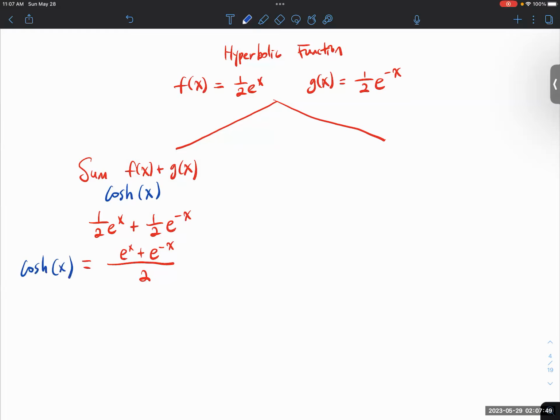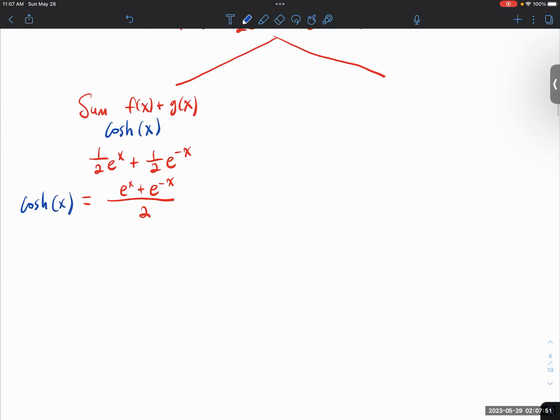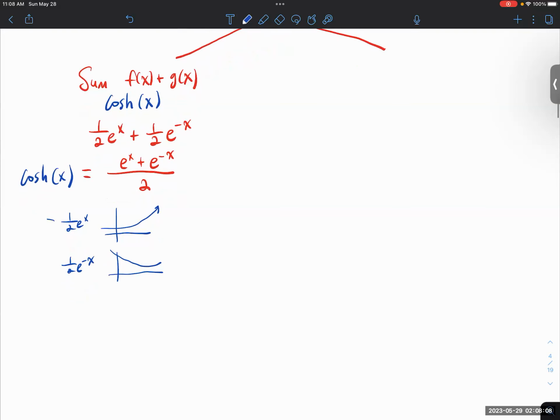Specifically, 1 over 2 e to the x is an increasing function, and 1 over 2 e to the negative x is a decreasing function because of the negative exponent. You are actually adding them. So the cosh function, if you graph it, is going to look something like this. This is the cosh function graph.